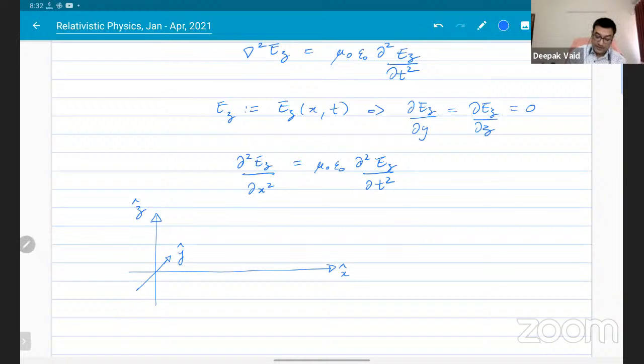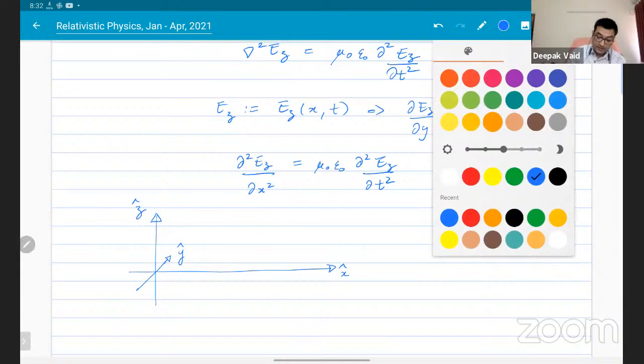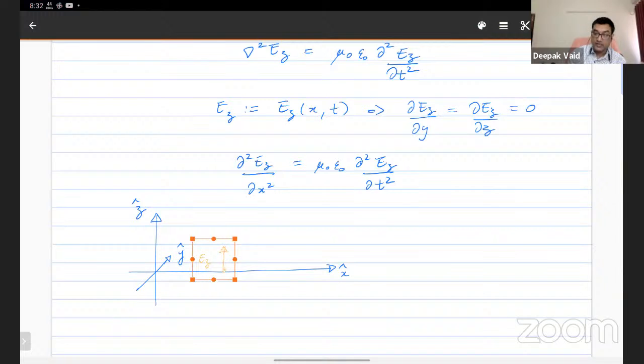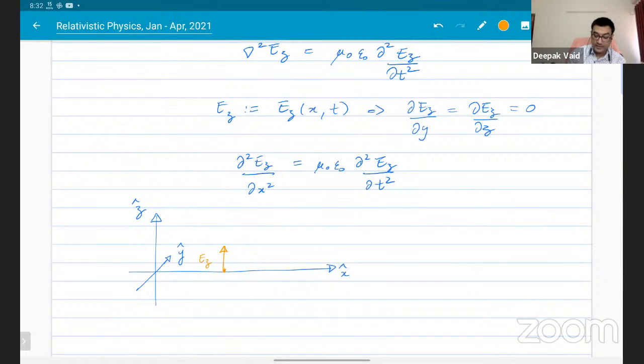So here, what is happening is that if you look at the electromagnetic field, it only has a z component, right? This expression is telling me how this electromagnetic field component is changing as I move along the x-axis.